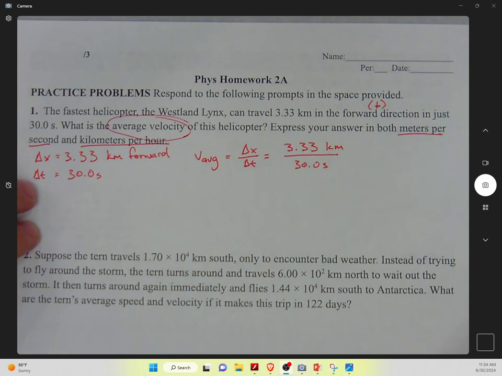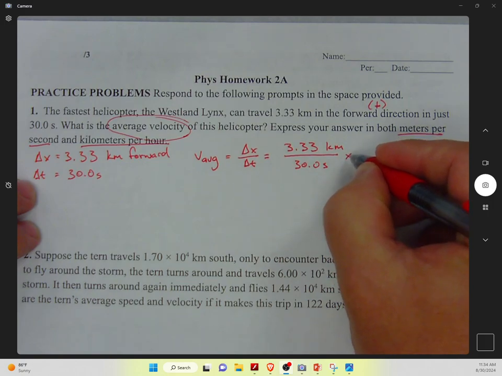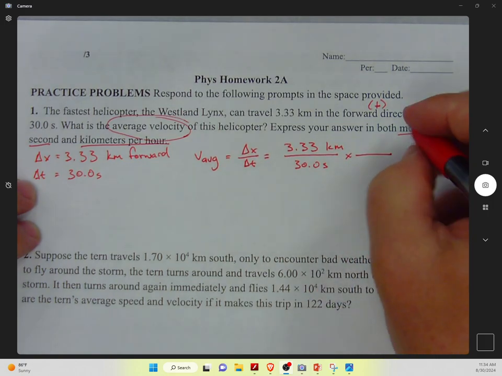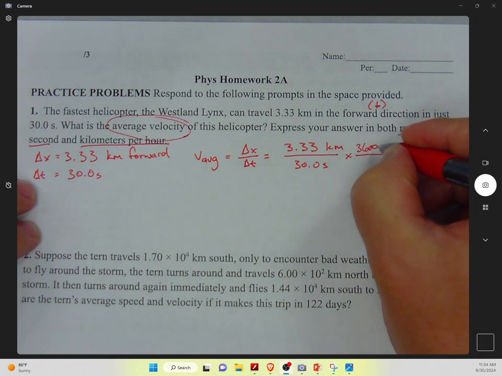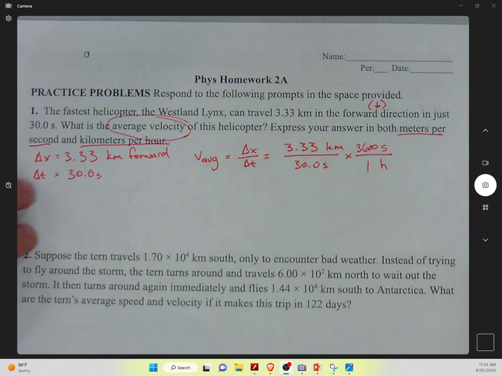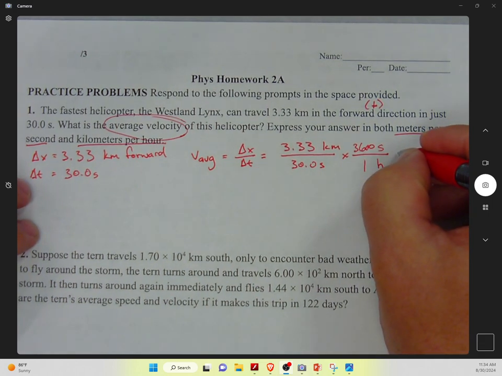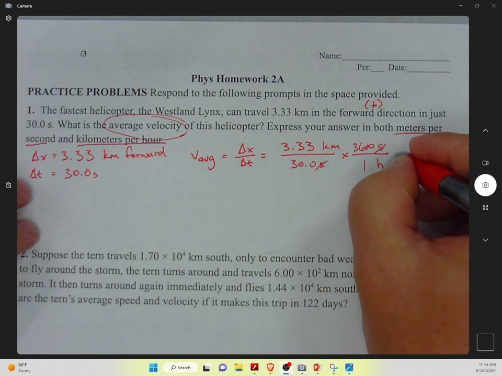Kilometers per hour. So I'm going to have to include something that is going to cancel out seconds and go into hours. So there are 3,600 seconds in 1 hour, if you guys don't remember. And so seconds is going to cancel.